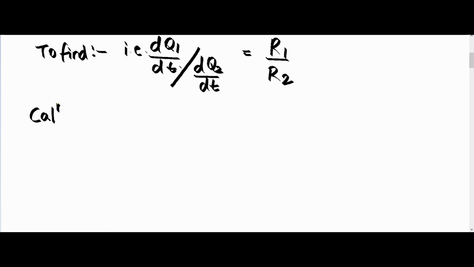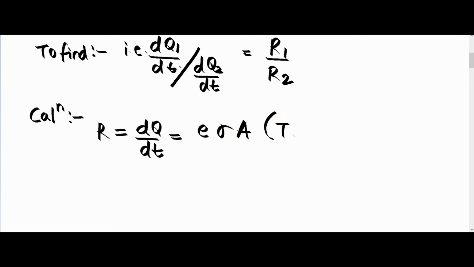So the calculation part. In the calculation part, we know that R is equal to dQ by dt is equal to E sigma A bracket of T1 raised to 4 minus T0 raised to 4. So we will be writing in terms of Q1 and in terms of Q2.